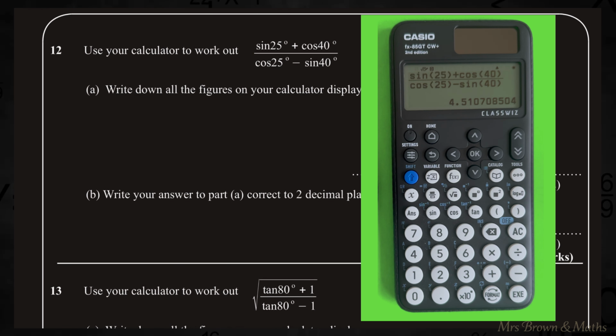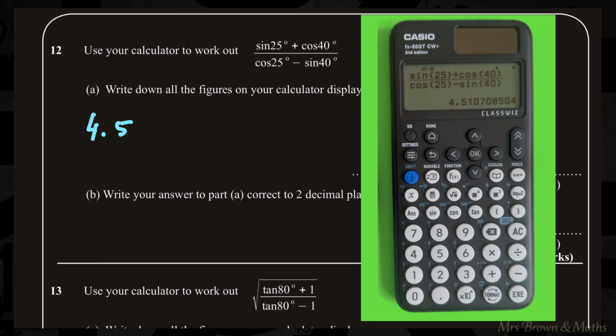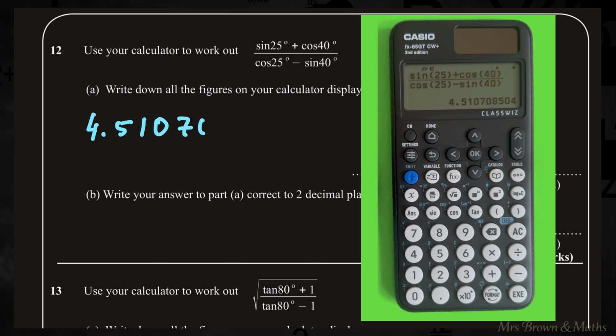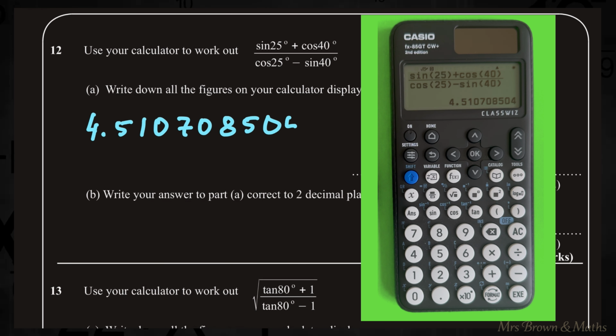Answer 4.510708504. Two decimal places again. So two decimal places 51. Following digit is 0. So we don't have to round up. Final answer is 4.51. Done.